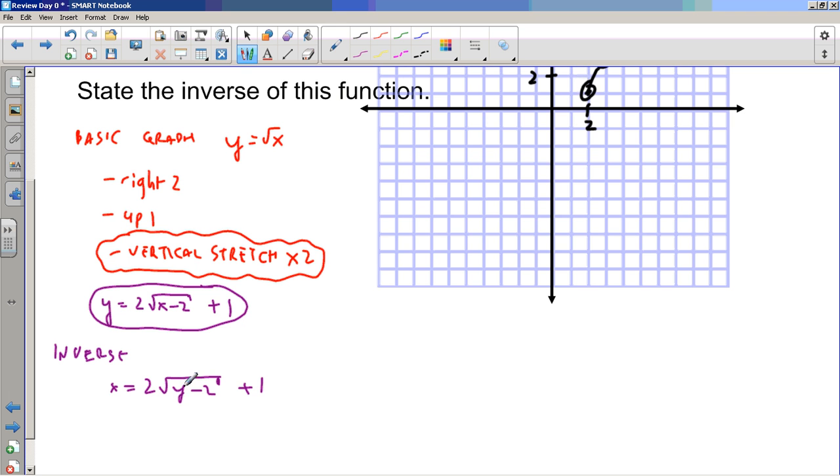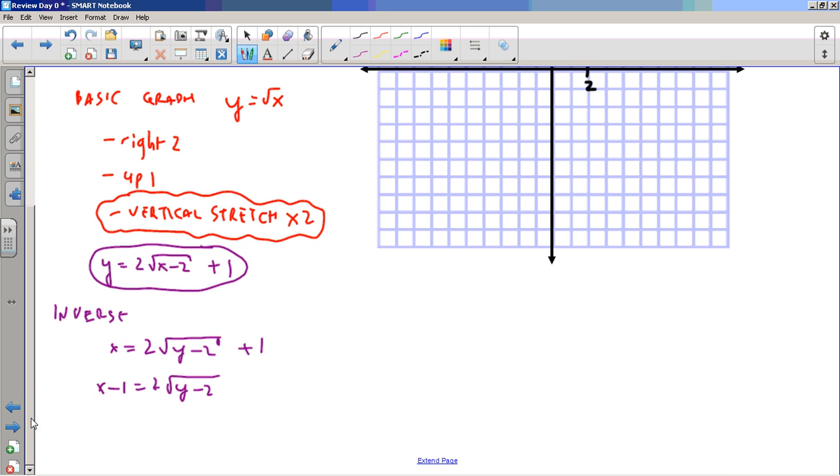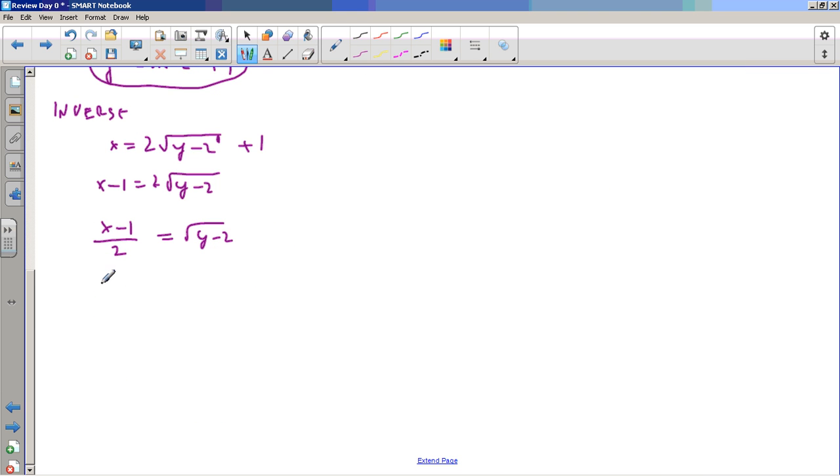But now if I want to figure out what the function is explicitly, I need to solve for y. So I've got to undo all these things. I'm going to subtract 1 from both sides. Eventually I'm going to square stuff, but this 2's in the way, so I'm going to divide everything by 2. Now I can square both sides. And finally add 2.